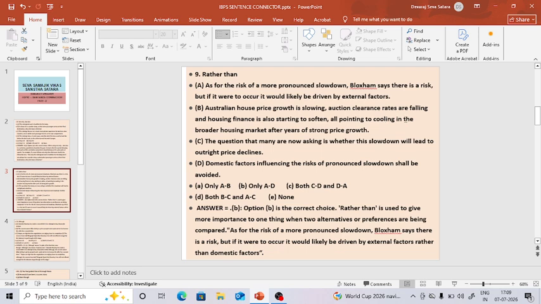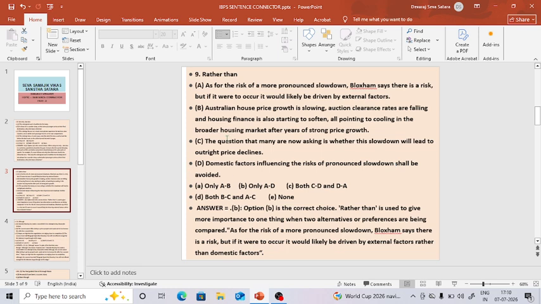All point to cooling in the broader housing market after a year of strong price growth. The question that many are now asking is whether this slowdown will lead to outright price declines. Domestic factors influencing the risk of a pronounced slowdown should be avoided.